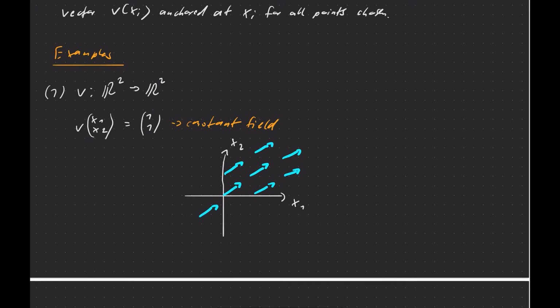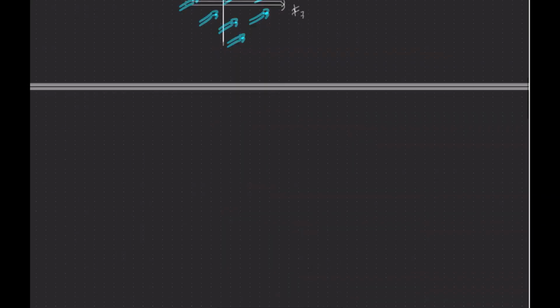We can draw that. So that is how that visualization of that vector field would look like. Okay, so that's the constant vector field (1, 1).